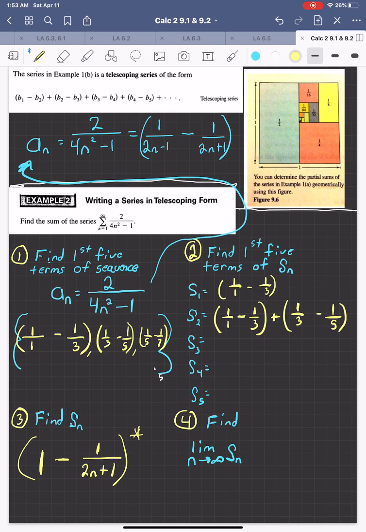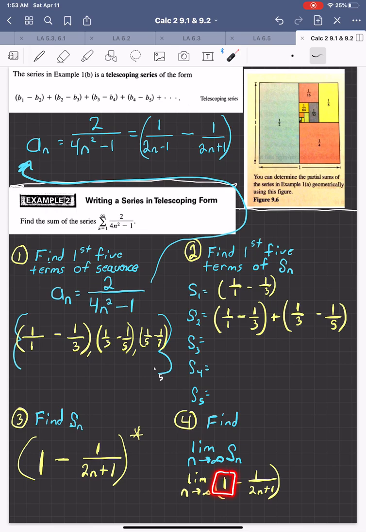Okay. So in this case, once we have S sub n, we would just simply be taking the limit with n going to infinity of S sub n. And that's pretty easy to do because as you take n approaching infinity, this is always going to zero out.